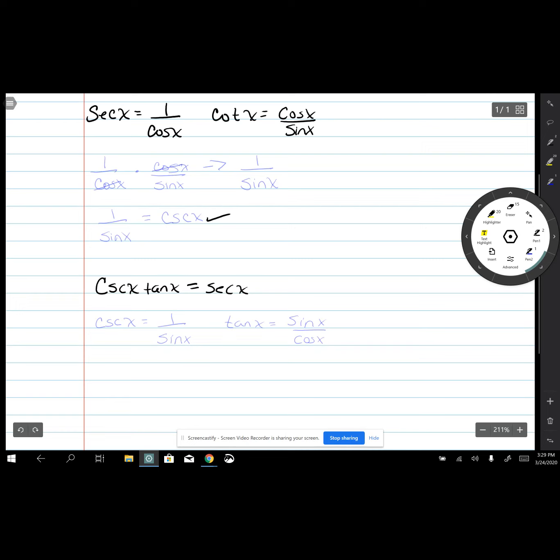So if you notice, I've turned my cosecant into 1 over sine x and my tangent into sine x over cosine x. Put them back together. Do some cross cancellation here.